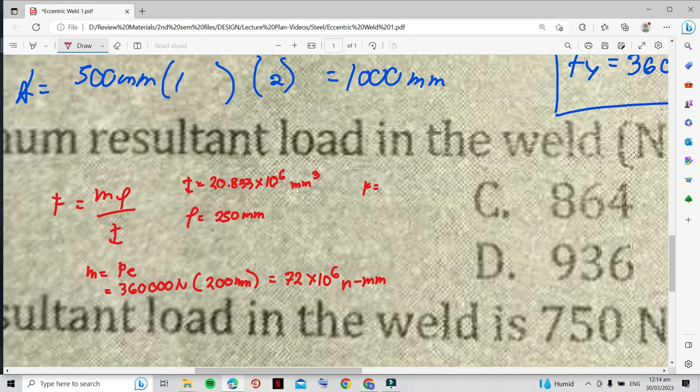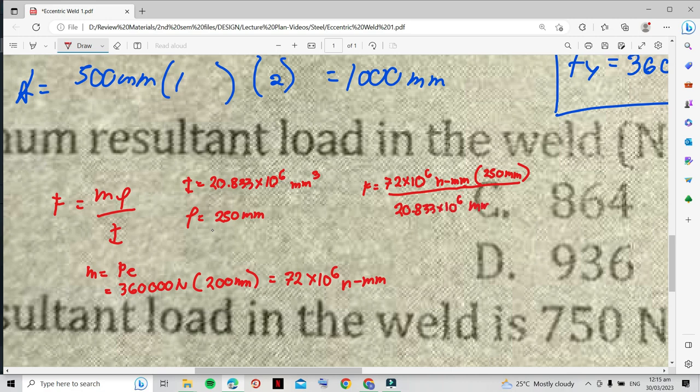Stress is equal to 72 times 10 to the power of 6 Newton mm multiplied by 250 mm over I, which is 20.833 times 10 to the power of 6.